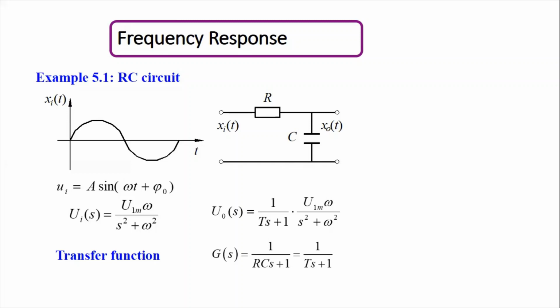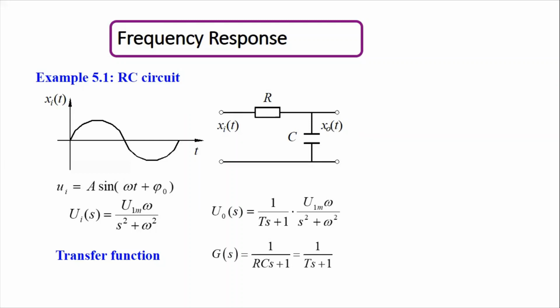So I repeat, X naught of t equals 1 by c integration of I dt, and X naught of s is equal to 1 divided by cs into I of s, with cs in the denominator, because the 1 by s is introduced because of the integrator.